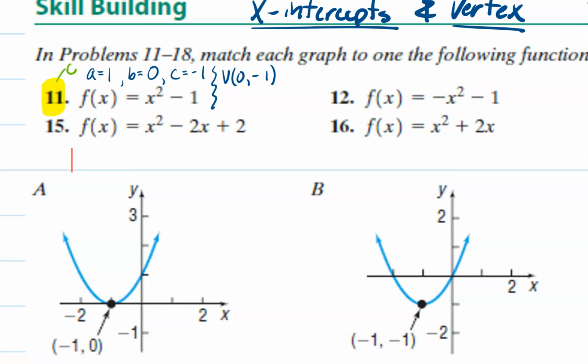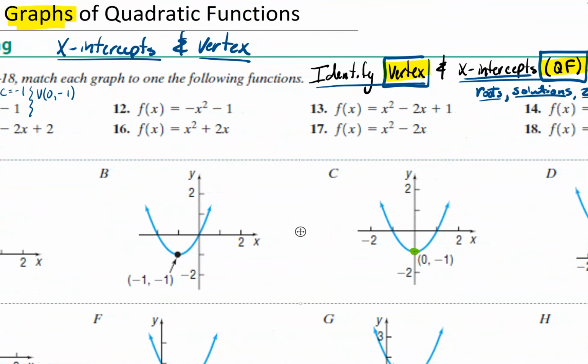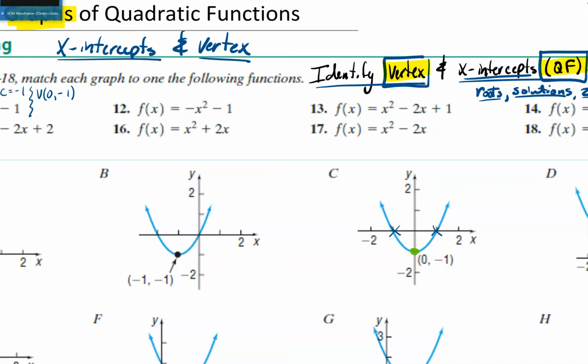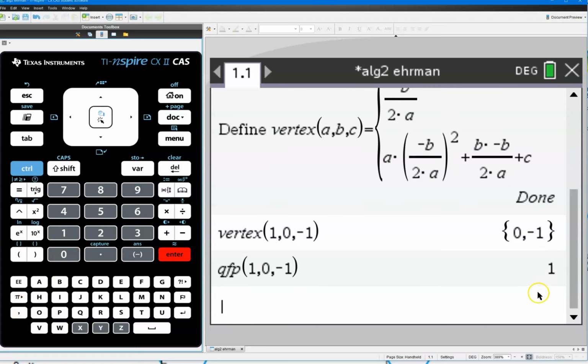But let's go ahead and check our quadratic formulas as well. If we check QFM and QFP, quadratic formula with a plus and quadratic formula with a minus, that should also represent our x-intercepts, and we should see answers of +1 and -1 if graph C is the match. So let's go ahead and check that. We'll type in QFP for quadratic formula plus with the same numbers, 1, 0, -1, and there's a +1 as an answer.